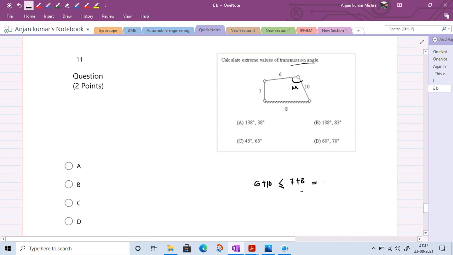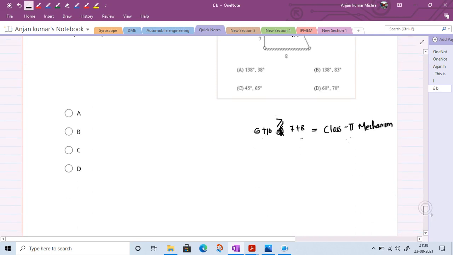So this is class 2 mechanism. So it will be greater than instead of smaller than. This refers to a class 2 mechanism. So in a class 2 mechanism, how will we find out the minimum transmission angle and maximum transmission angle? Let me just draw.